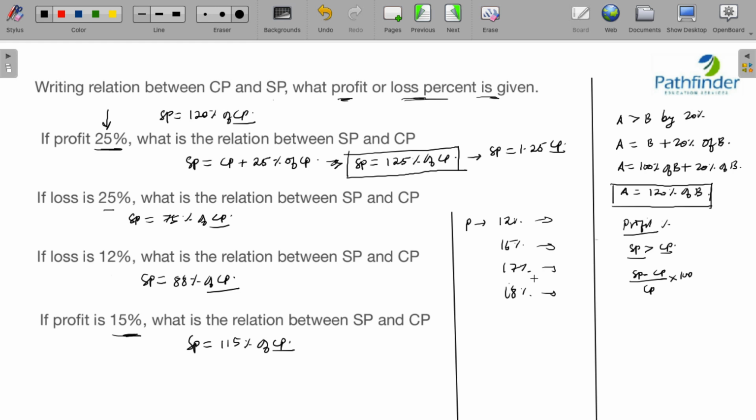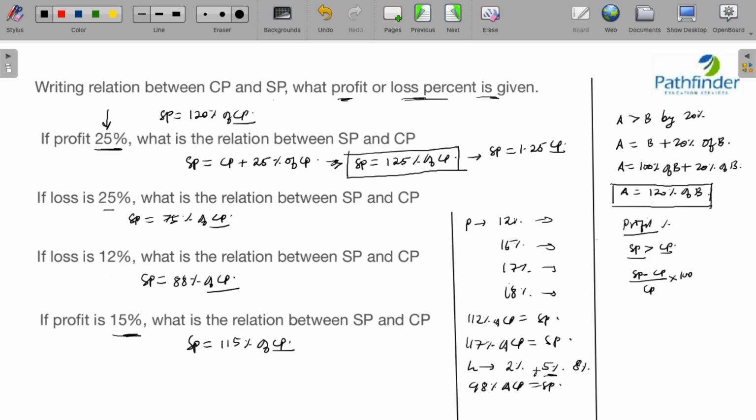तुरंत होना चाहिए. Profit 12%, that means 112% of CP is equal to SP. Profit 17%, so 117% of CP is equal to SP. Do the same thing for loss. Loss of 2%, 5%, 8%. क्या करोगे? Loss of 2%, 98% of CP is equal to SP.